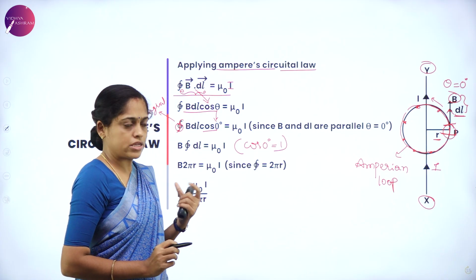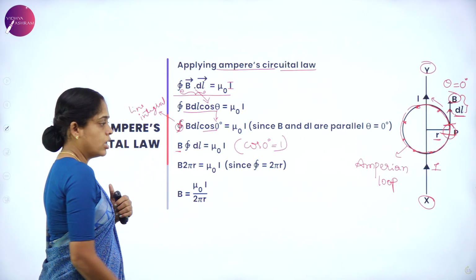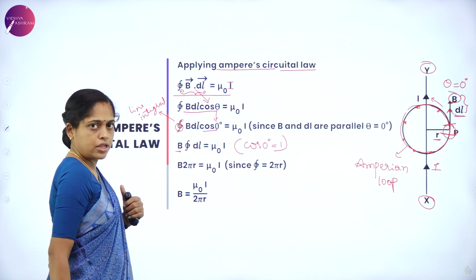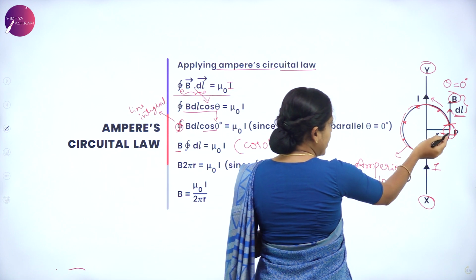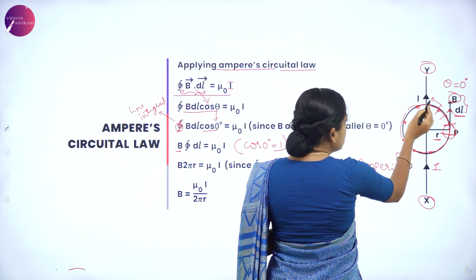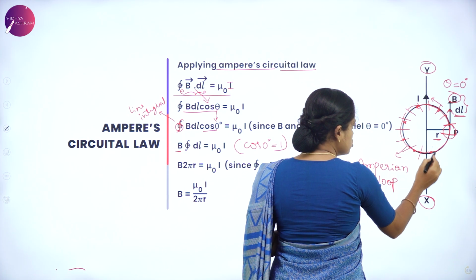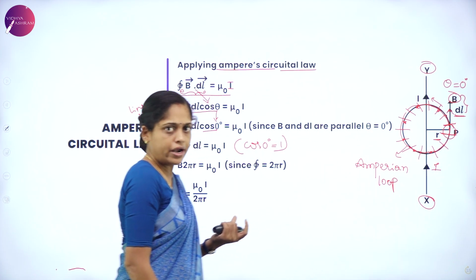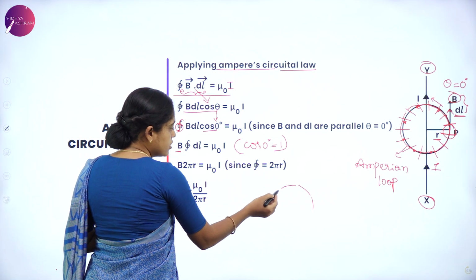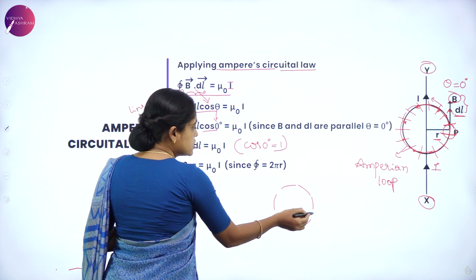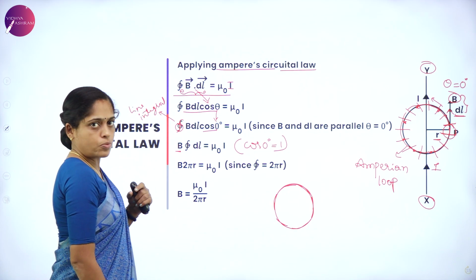Therefore, B is constant and you have to integrate the small parts of this closed path, meaning adding all the small parts into which we have divided this closed path. By adding all the small parts, you get the circumference of that closed path.